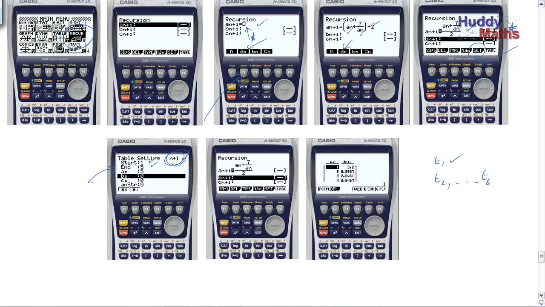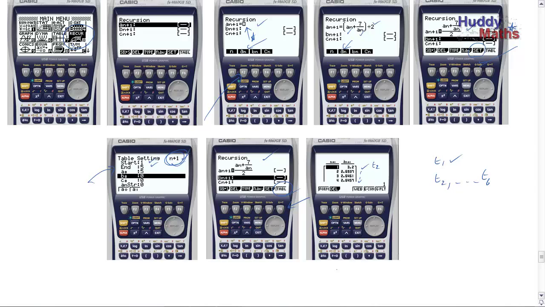And if you execute that and then ask for the table to be drawn, so that's F6, then you get this table. The first term in the table is the second in the sequence. So when n equals 1, this is the second term, the n plus 1th term. Here we keep going down, and of course that's a very easy way of generating the terms from a recursion formula without repeatedly substituting in and adding them up yourself.